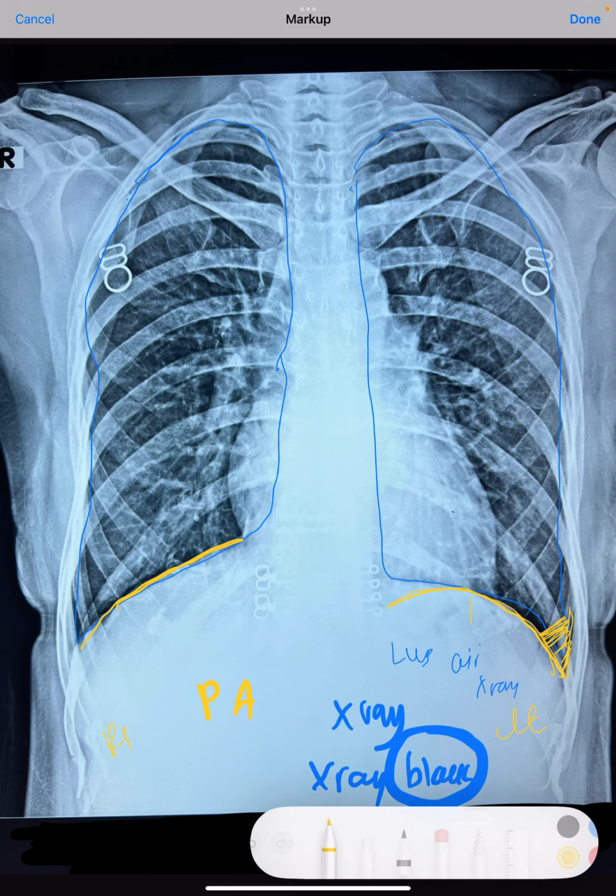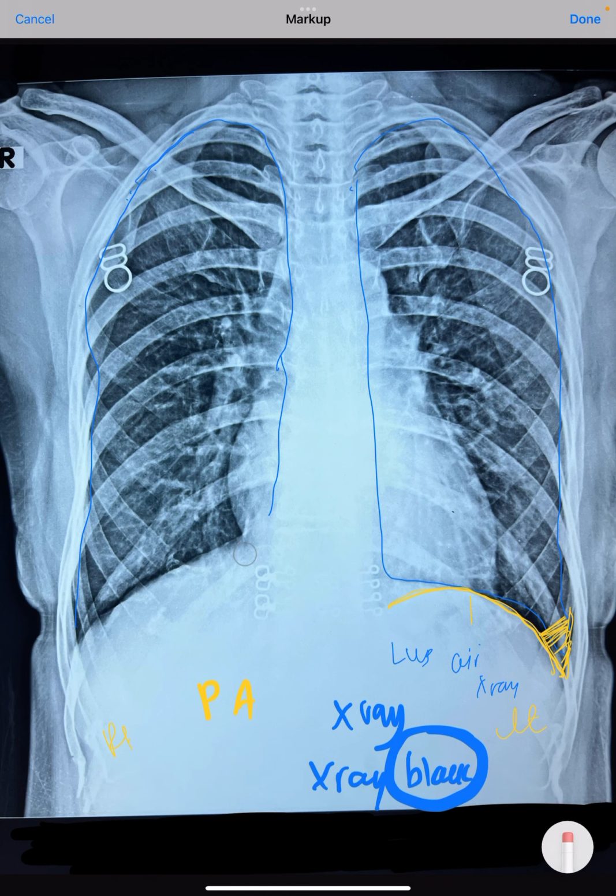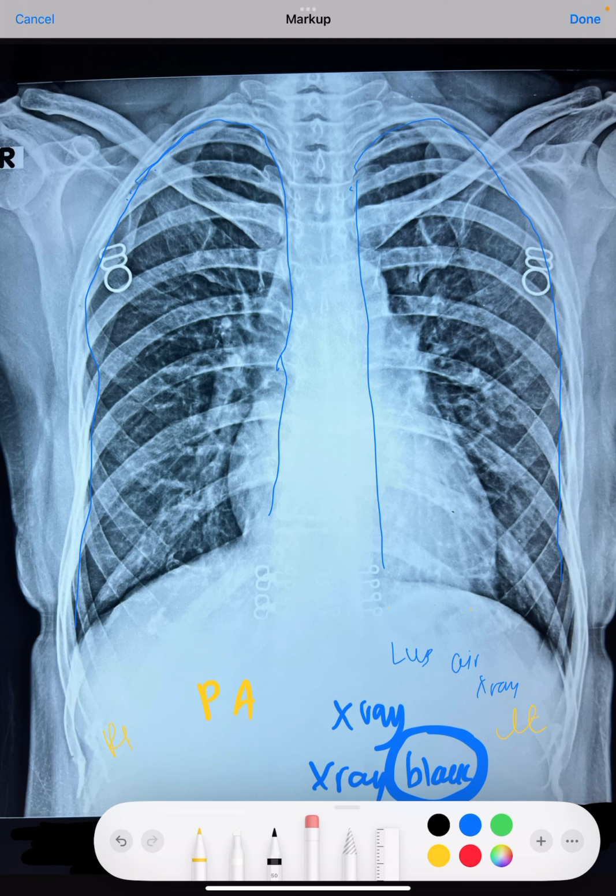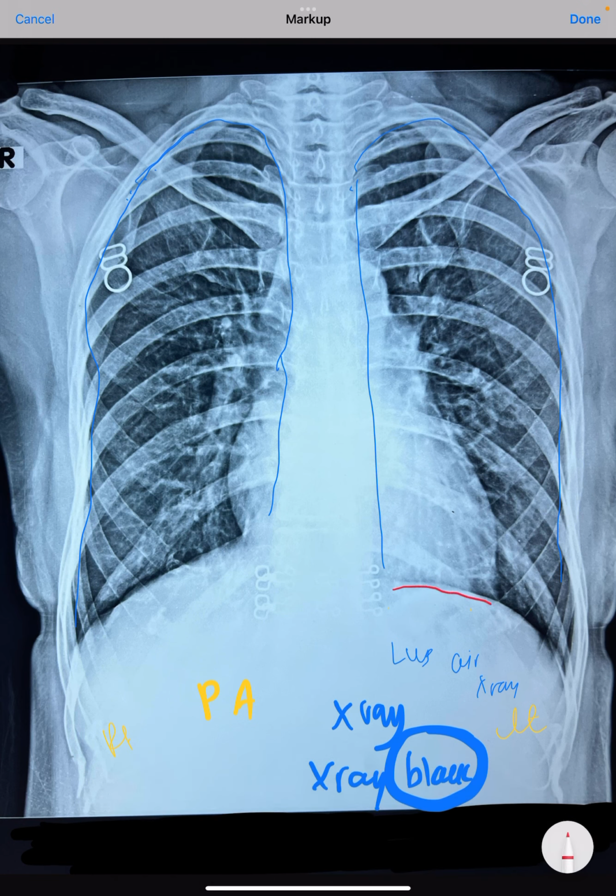You can very nicely make out these domes of diaphragm. This is the left dome of diaphragm. This is right dome of diaphragm. This is costophrenic angle. This is the rib and this is diaphragm.